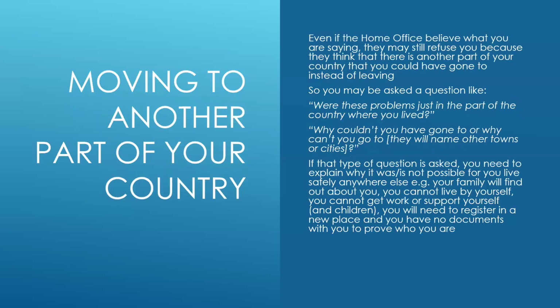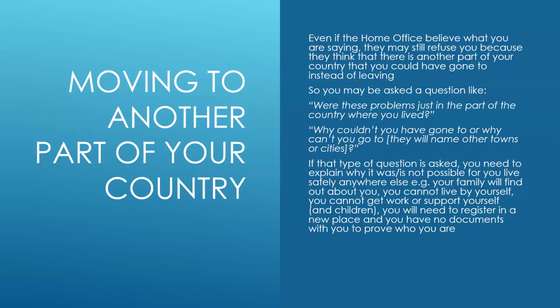Another thing that they will also consider, and questions may come up about, is whether you could have moved to another part of your country instead of coming to the UK. Even if the Home Office accept it all as true, they may still refuse you because they think there's another part of your country you could have gone to instead of leaving.